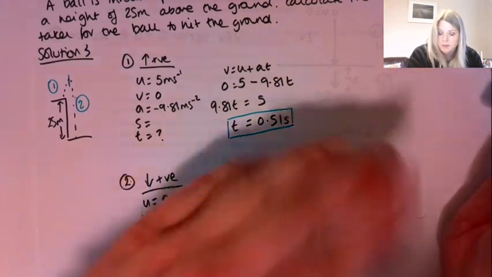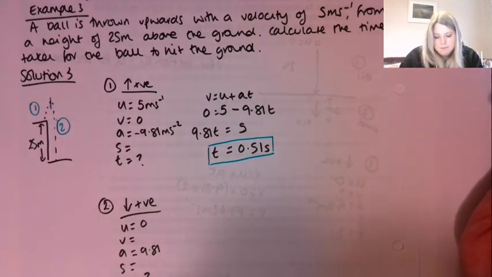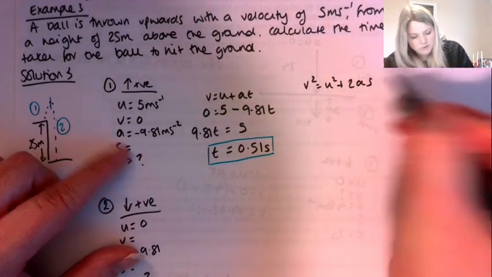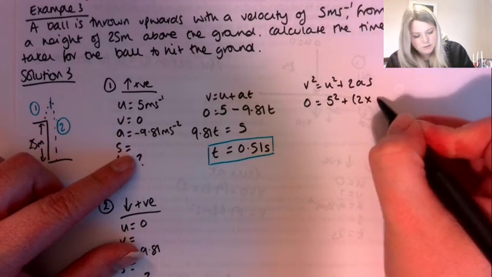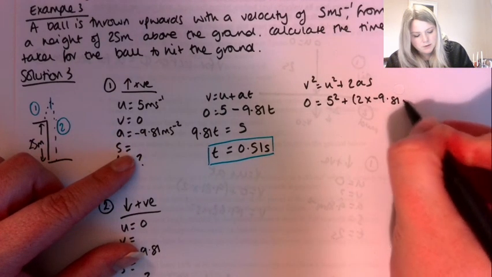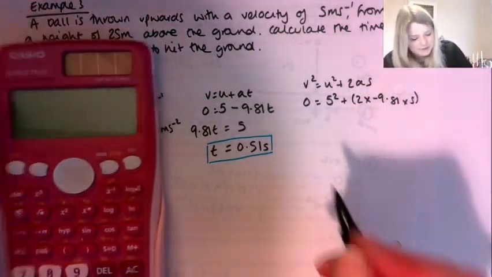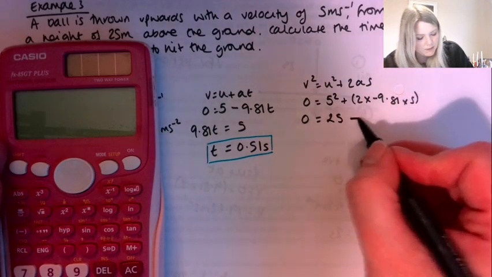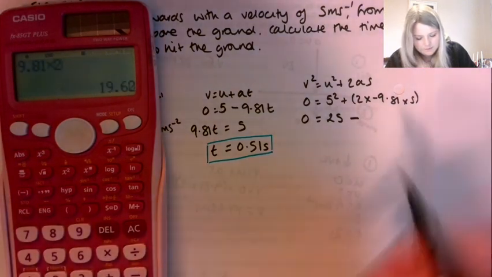So back up to section 1, let's figure out S. V squared equals U squared plus 2AS. V is 0, U is 5, 2 times minus 9.81 times S. I don't actually have this done because I did it a different way last year. So 0 equals 25 minus, what's that, 19.62S?